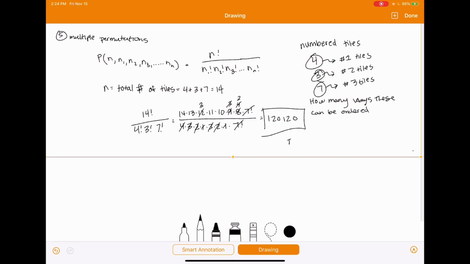All right, so go ahead and try on your own. If you had 2 A tiles, 3 B tiles, and 1 C tile, how many arrangements could be made?